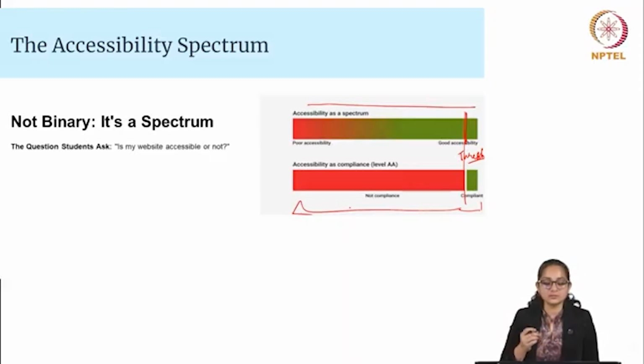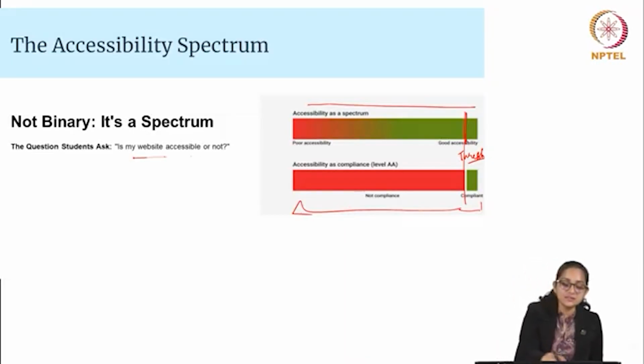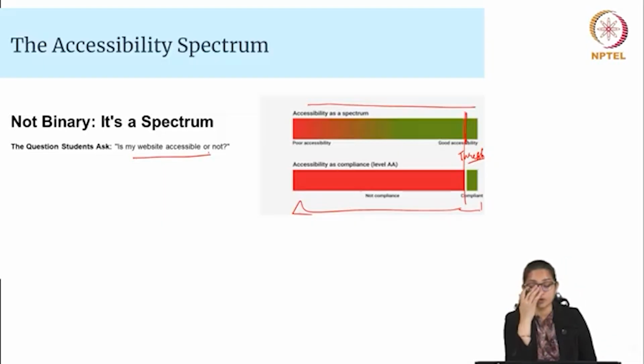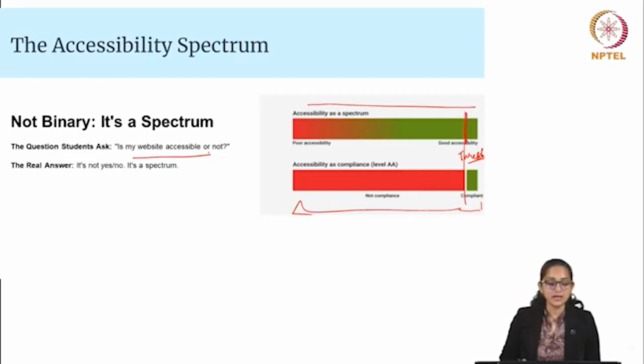However, the question which students or policymakers may ask is, is this particular website accessible or not? The question itself is binary. It's a yes or no answer, 0 or 1. The real answer is that it's not yes or no, it's a spectrum.